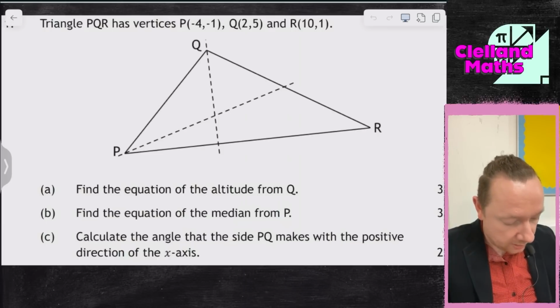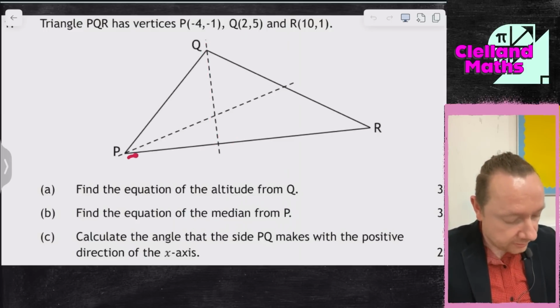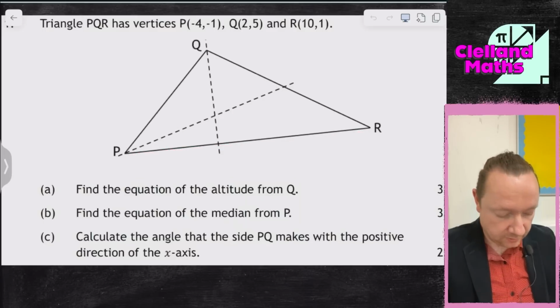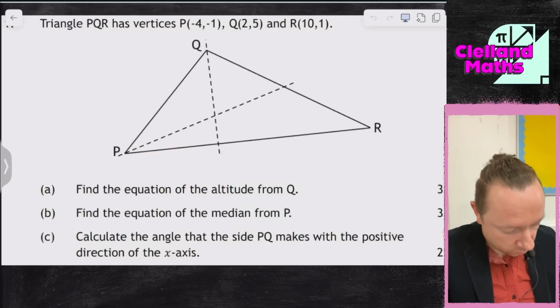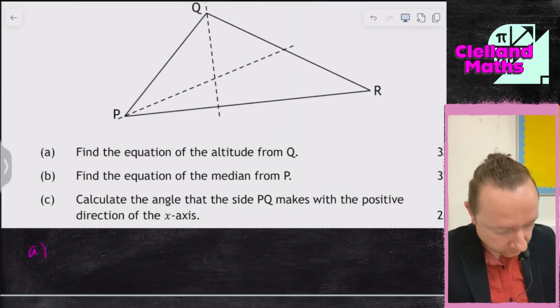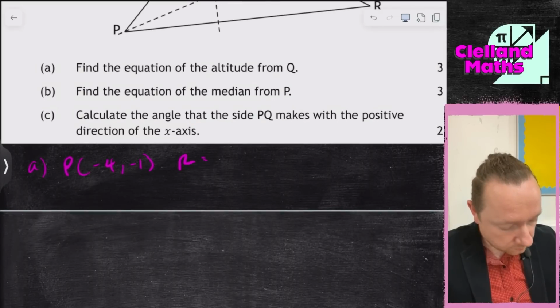So let's start off with looking at our altitude from Q. We've already got a nice dotted line in, and it makes a right angle there. So if I find the gradient of PR, then m1 times m2 equals -1 because they're perpendicular. P is (-4, -1) and R is (10, 1).